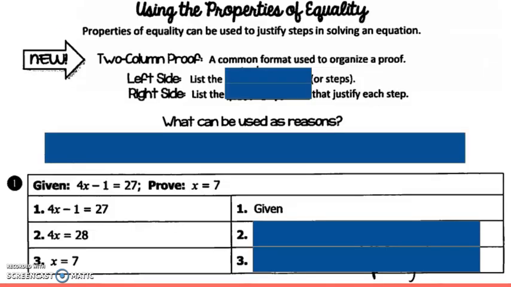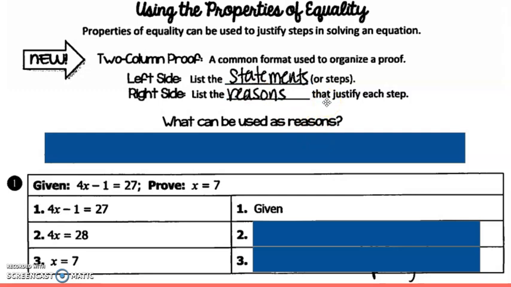So now we can actually take a look at solving some proofs. So when we do our proofs, we're going to do a two-column proof. We do that so we can sort of organize it in a more consistent way. So the left side of my proofs are going to be my statements or my steps. It's how we're actually solving. The right side is going to be the reasons that justify each step.